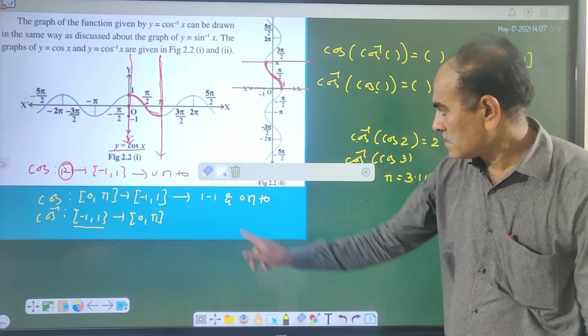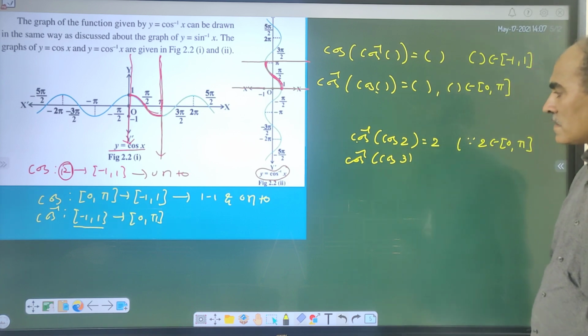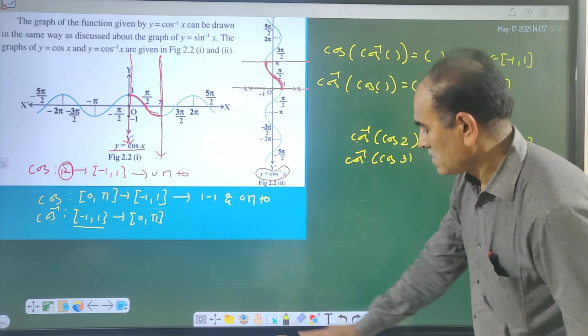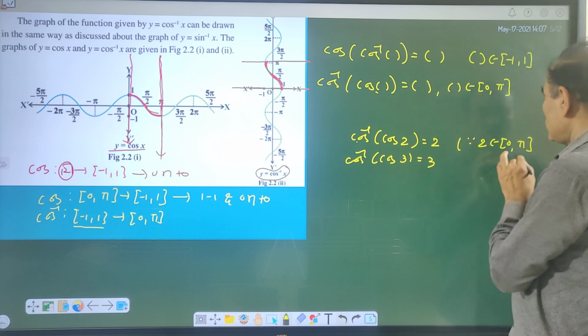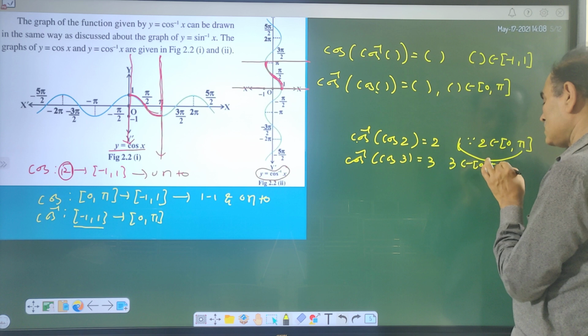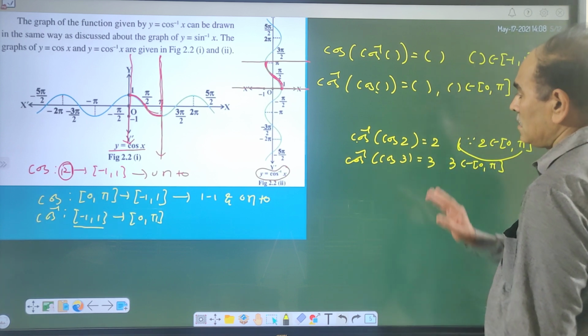Now see here. If we wish to find that, cos inverse cos of 3 is 3, because 3 belongs to closed interval 0 to pi, up to 3.14.